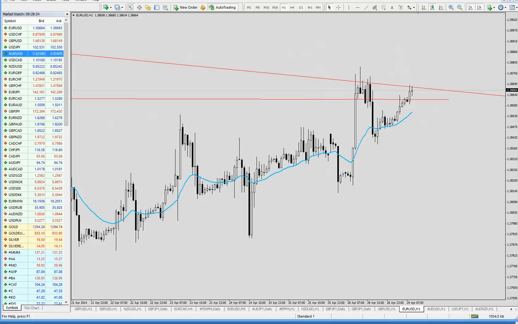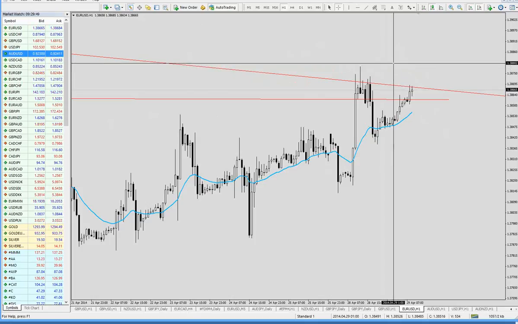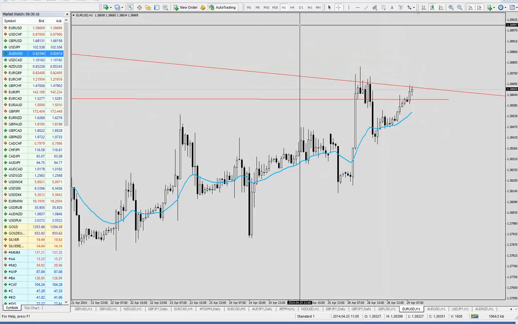So I took a very tiny short. I'm going to place my stop at 138.82, let's say, just 2 pips above the round number 80.